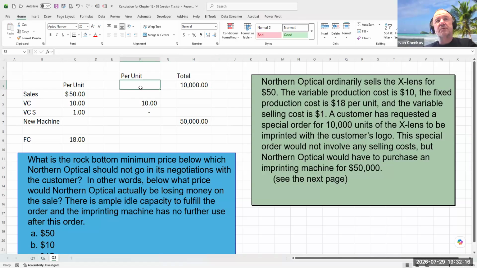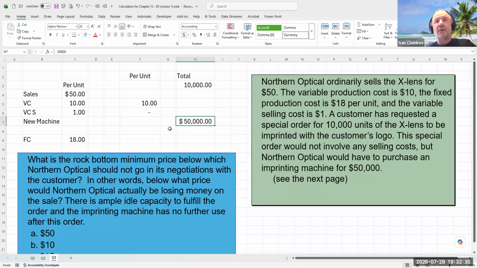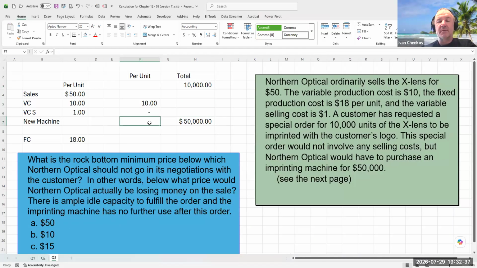So what will be the cost per unit? Variable cost is $10 per unit. For the new machine, since we have to produce 10,000, how much will it be for one unit, the cost of this 50,000 for the new machine based on the 10,000 units production? We can easily calculate it: 50,000 divided by 10,000.